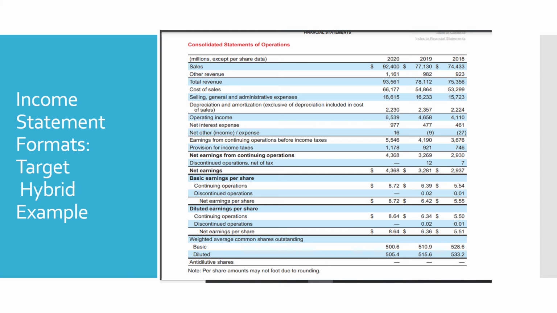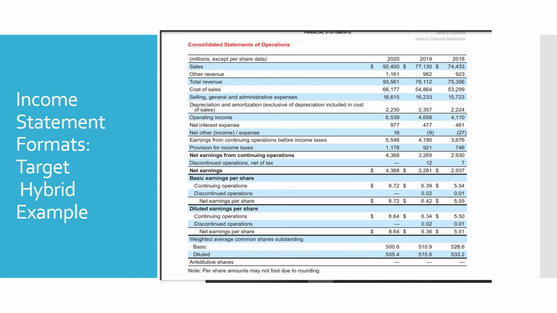Then we have Target's income statement, which is what I'm going to call kind of a hybrid format. We do have sales and other revenue to come down to total revenues, and then we do not have the subtotal of gross profit because we've got cost of sales, SG&A, depreciation and amortization, and we are coming down to the subtotal of operating income.